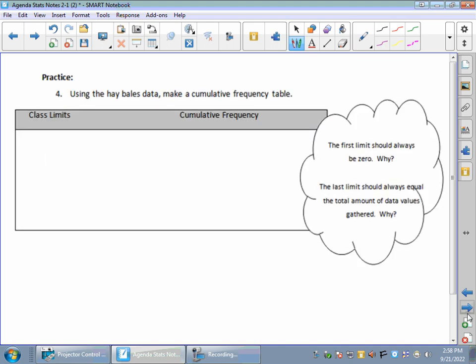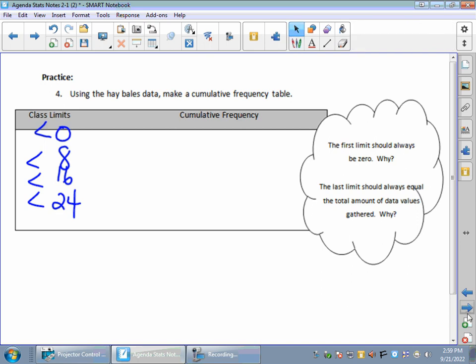We're going to have something like everything less than 0, less than 8, less than 16, less than 24. So we're going to accumulate our frequency as we go along.